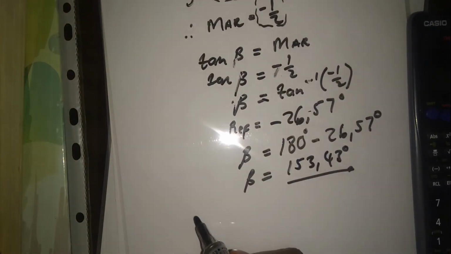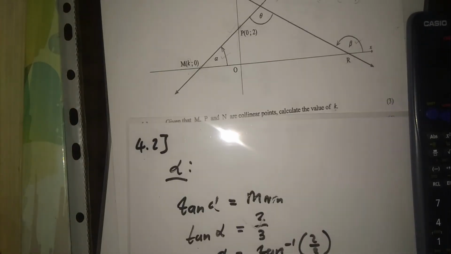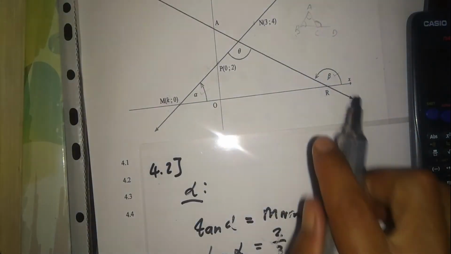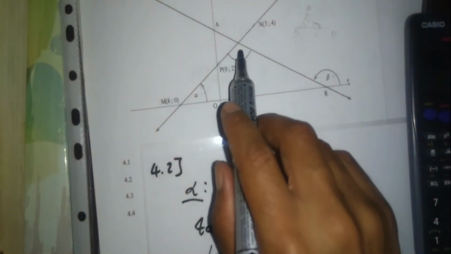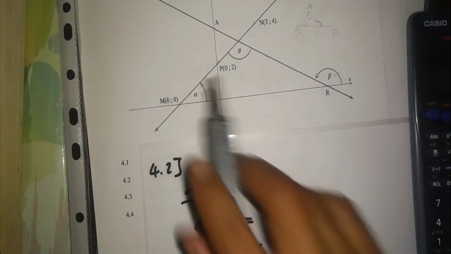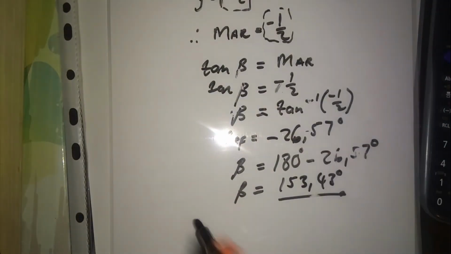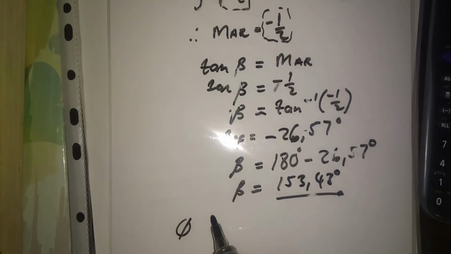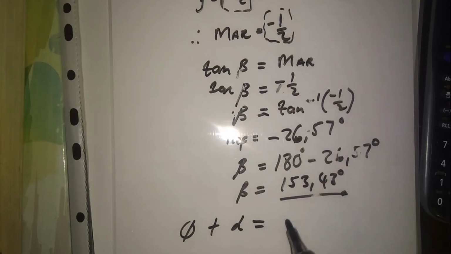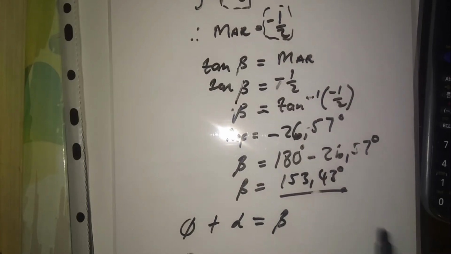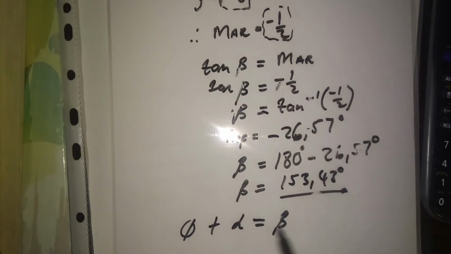So sitheni konje? Sitheni beta is equal to this angle plus this angle. So sisebenzisa that property 80, theta plus alpha is equal to beta. Why uthi lena plus le is equal to this?